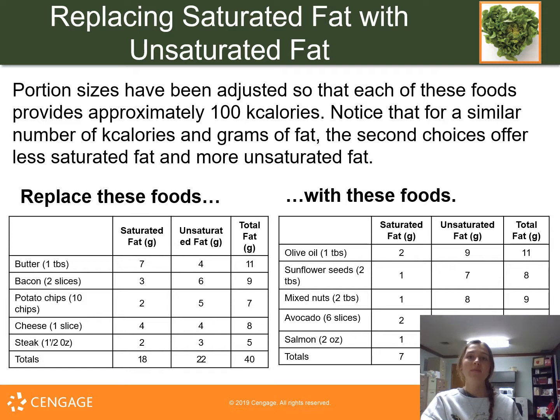You want to replace butter, bacon, potato chips, cheese, steak with other alternative unsaturated fat sources: olive oil, sunflower seeds, mixed nuts, avocados, and salmon.